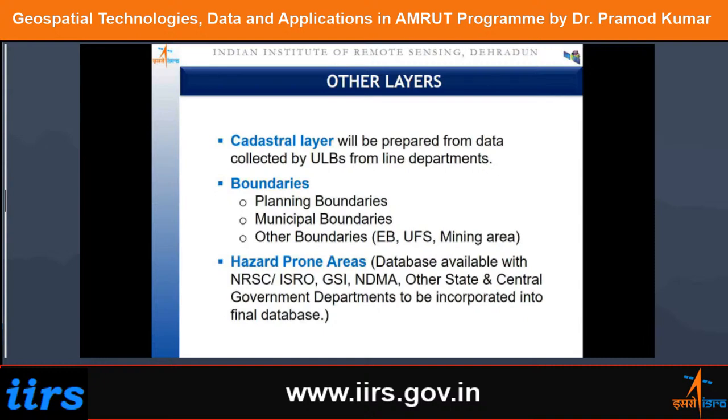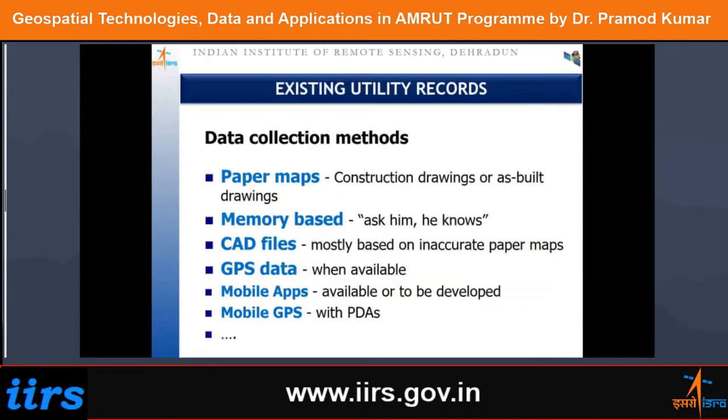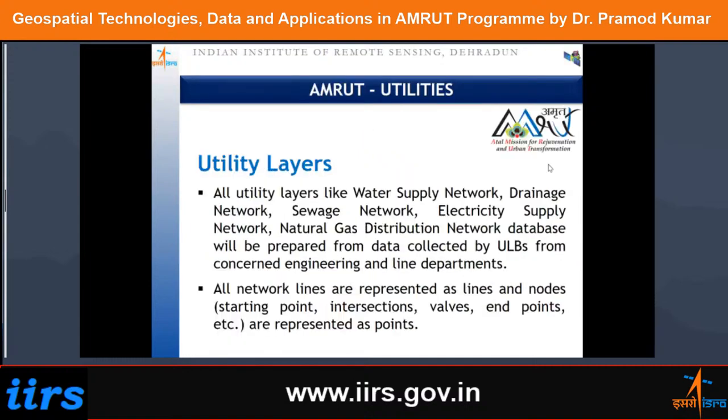That's how all these methods have to be followed, so that existing utility records are digitalized. AMRUT's document says that all utility layers like water supply, drainage network, sewerage, etc., have to be brought into the GIS domain. After digitization, standard schemas for different kinds of utility networks have been defined.